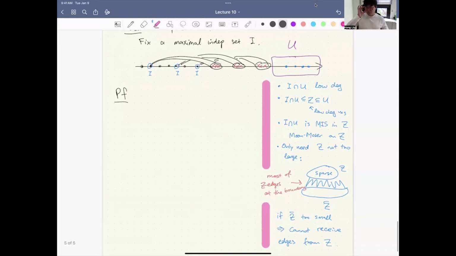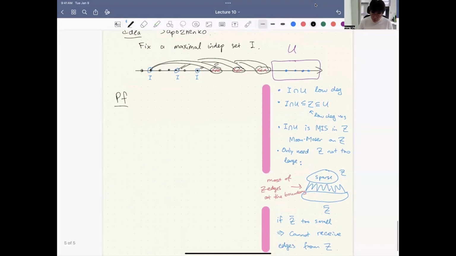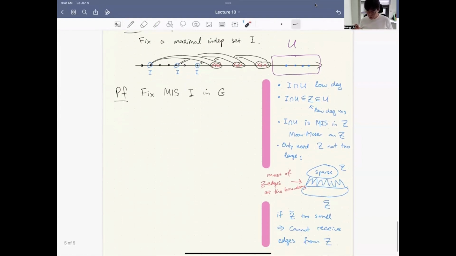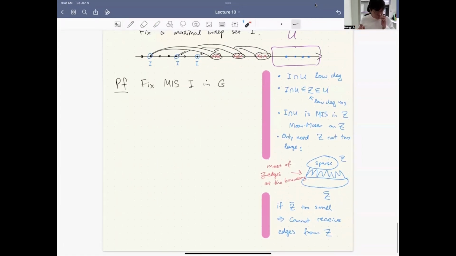Okay, let's implement this idea. Let's fix a maximal independent set, let's call it I in G. Minimum degree D is sufficiently large. Now, we're going to repeat the following process.